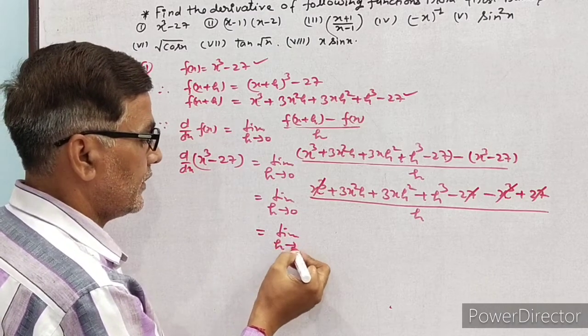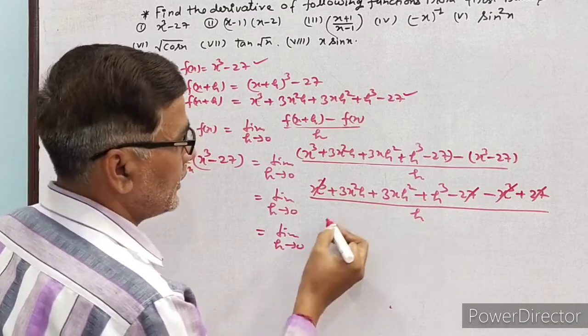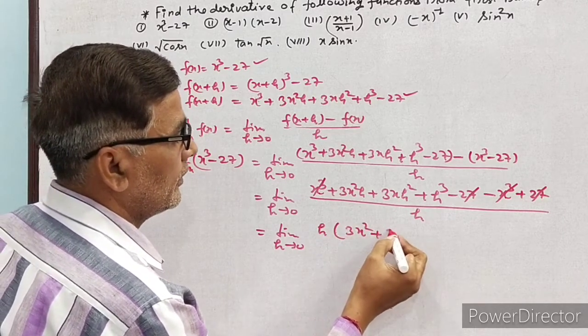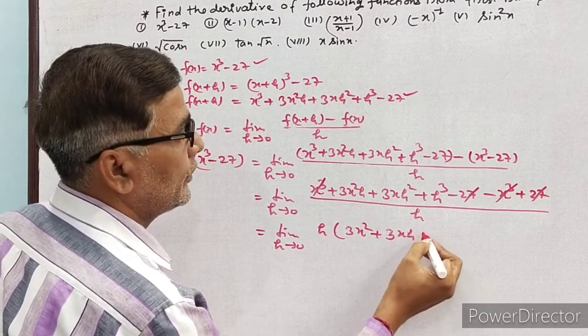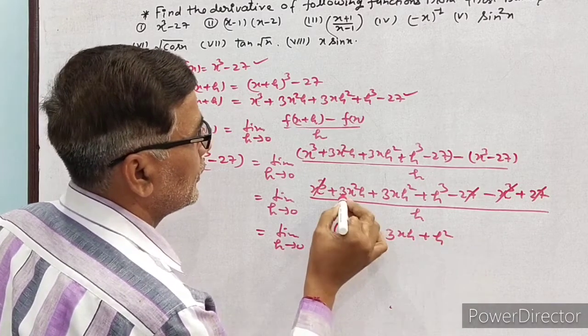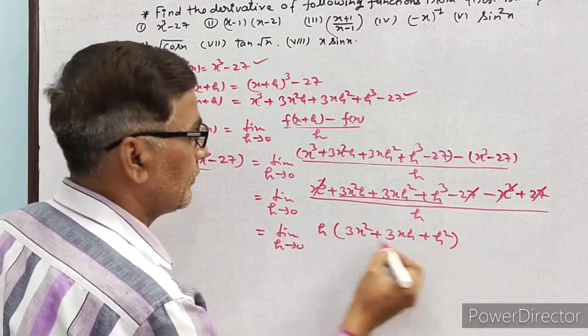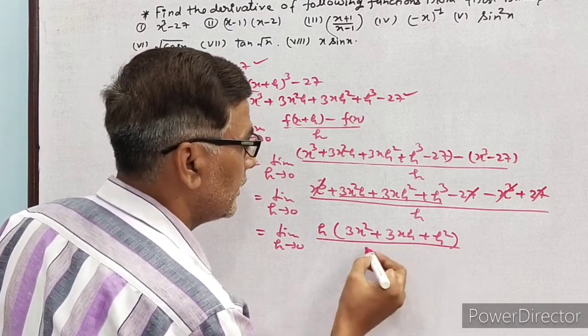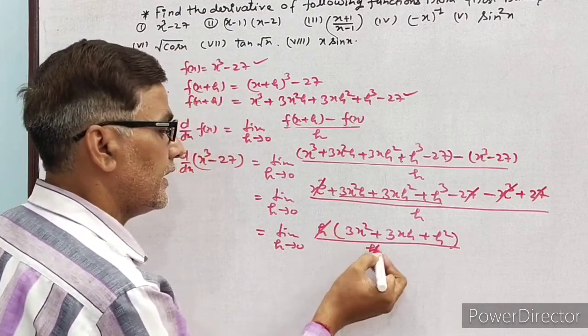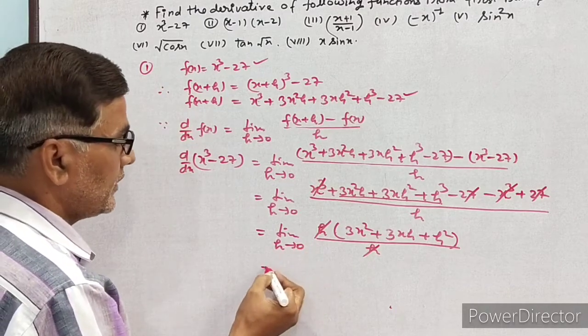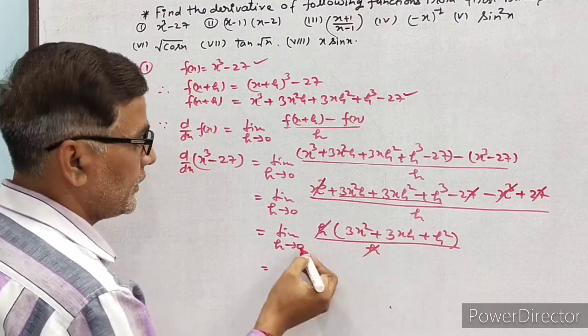In the rest of the terms we can take the common h. We have here h times (3x square plus 3x h plus h square). Out of these three terms we have taken h as common, divided by h, and h cancels out. Now extend the limit, meaning we replace h by 0.